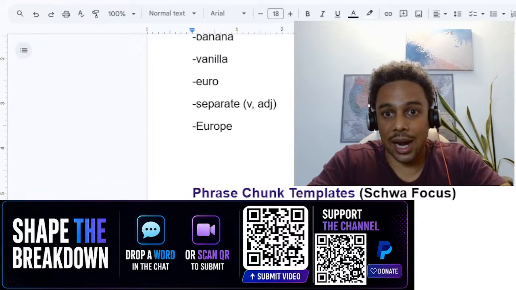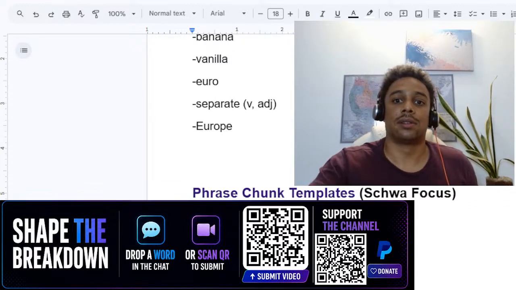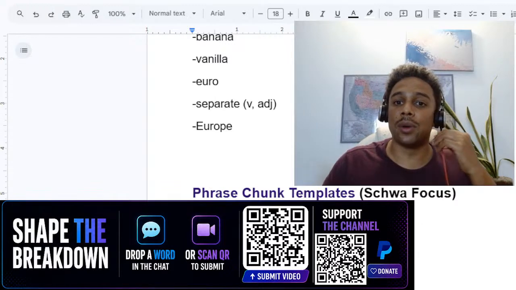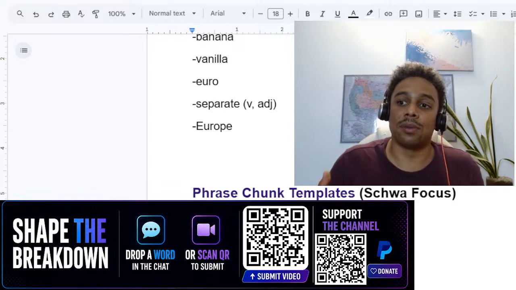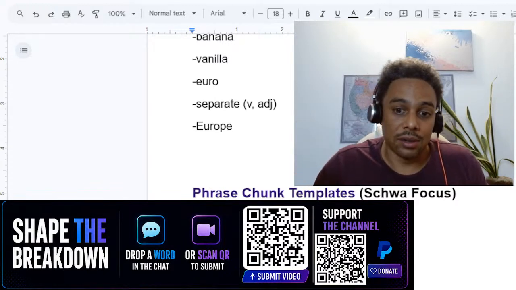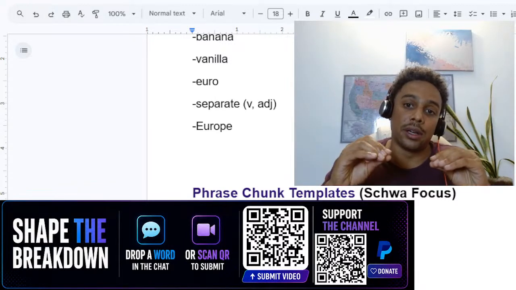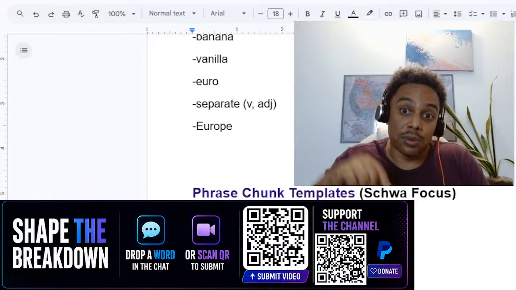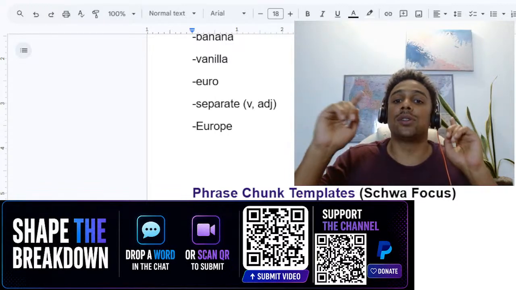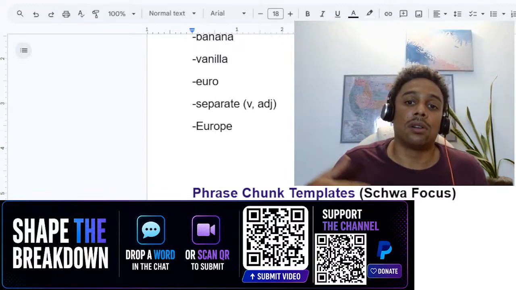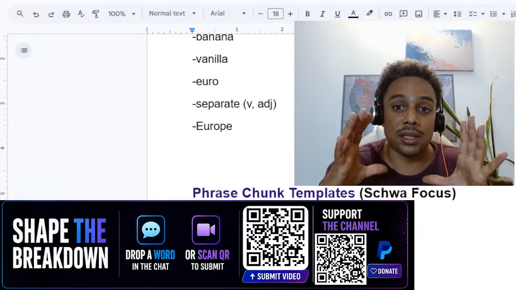And that's why rhythmic contrast is so important because the only way we know which word form it is is if we hear, obviously, which syllable is stressed or unstressed, right? Listen again. Separate or separate. So that's why you have to tune your ears for pitch, for length, for the space.